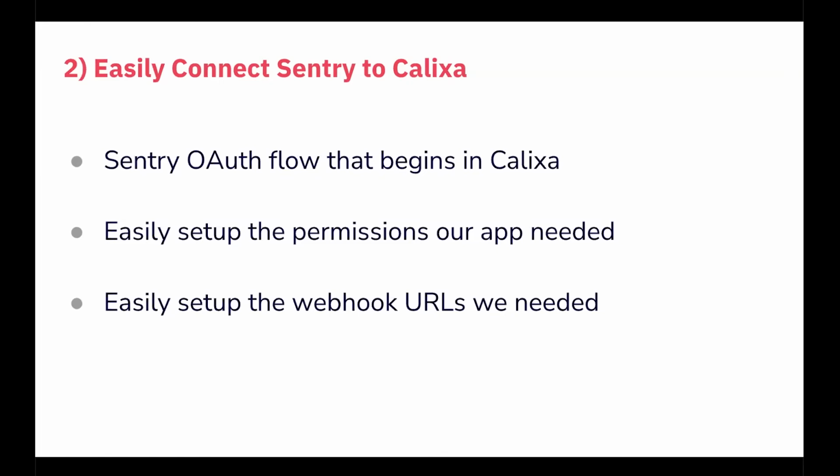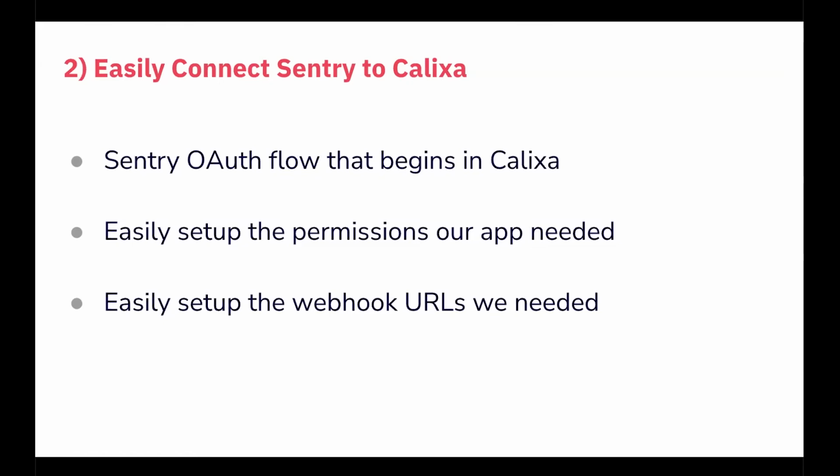We've looked at other platforms where they require your customer to copy and paste things into their console. That's a non-starter because it makes it really hard to build an application. With Sentry, we found it super easy to get everything set up with a few clicks.